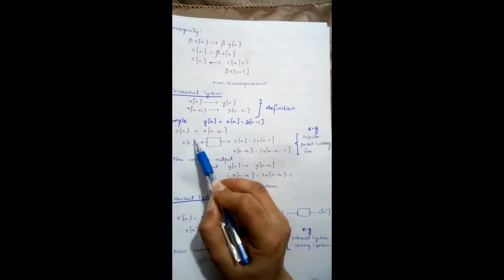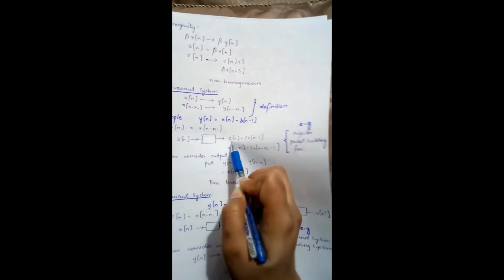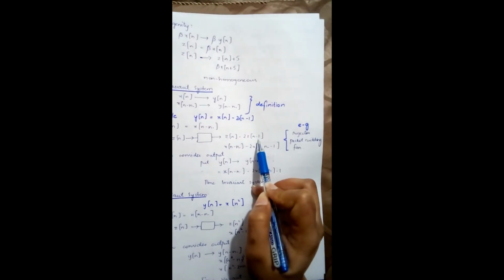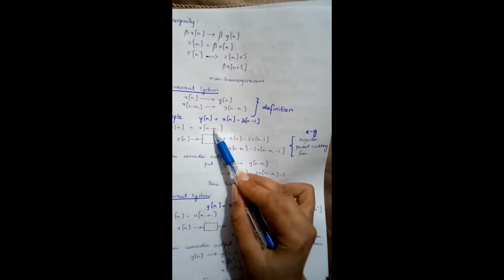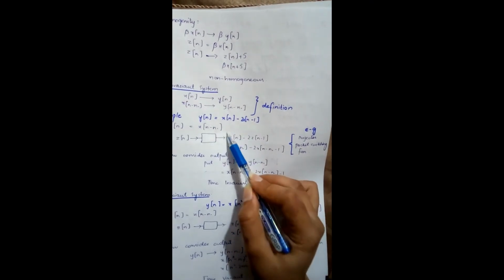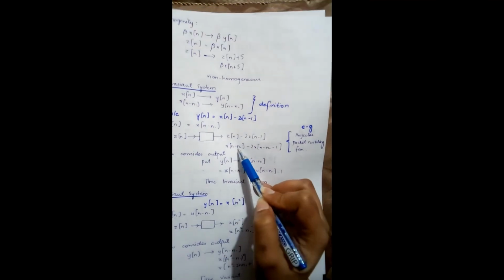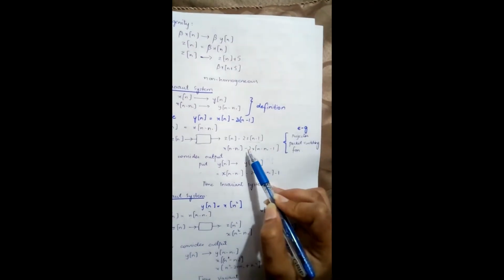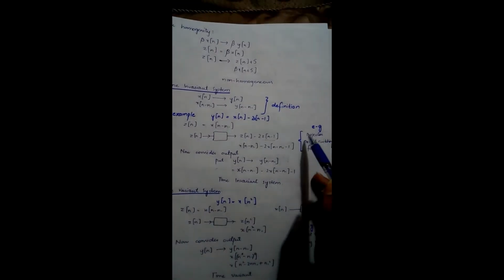If we pass this input signal z of n to the system, it will create an output with z of n minus 2 z of n minus 1. So z of n is equal to x of n minus n naught. So we put this z of n into this equation. Similarly z of n minus 1, so it will become x of n minus n naught minus 2 of x of n minus n naught minus 1.